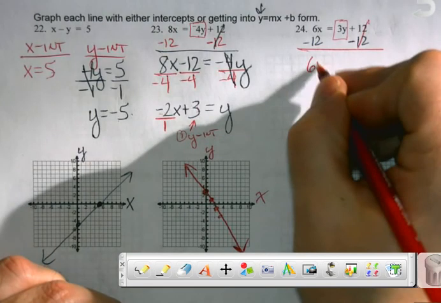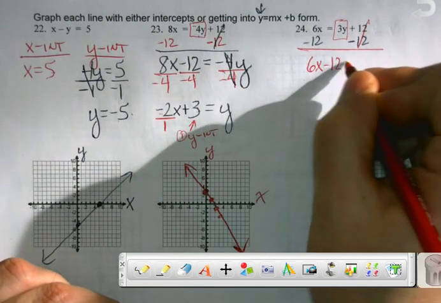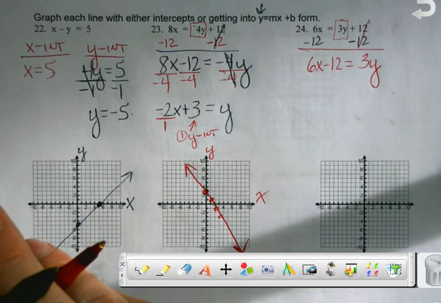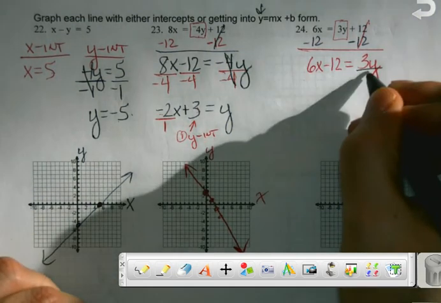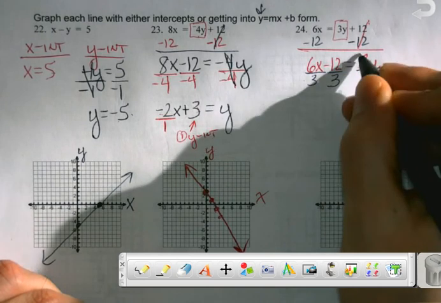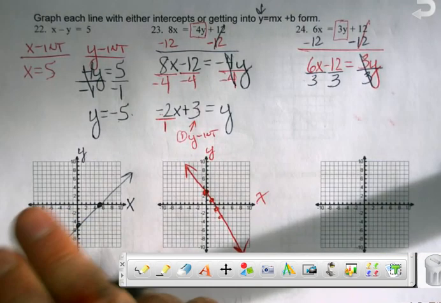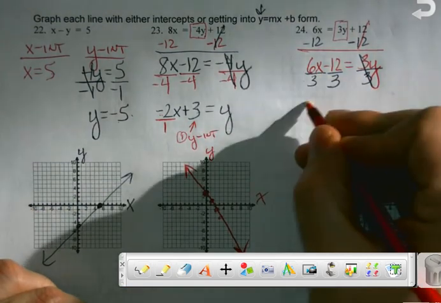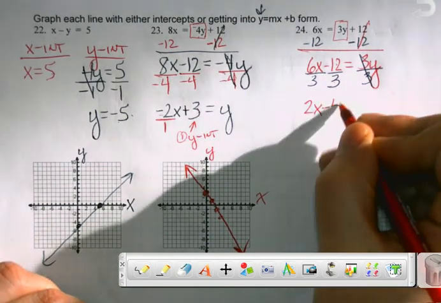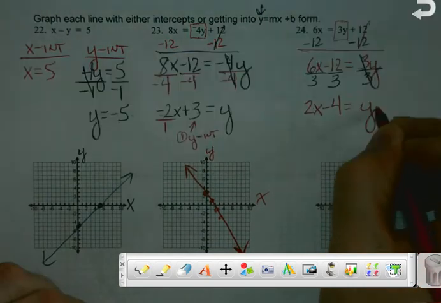And I would work on getting y alone, like I did on the last one. 6 divided by 3 is 2. -12 divided by 3 is -4.